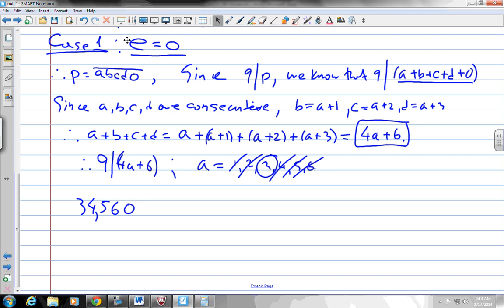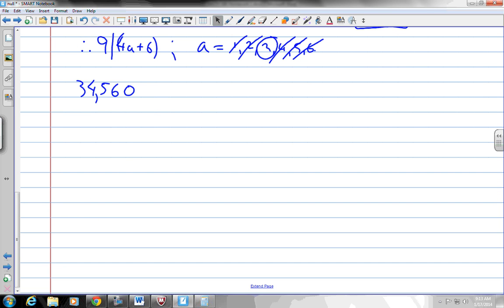Case 2 says change 0 to 5. Well, let's try that. But we can use a lot of the same arguments already. Case 2, E equals 5. So that means our number is A, B, C, D, 5. Okay?